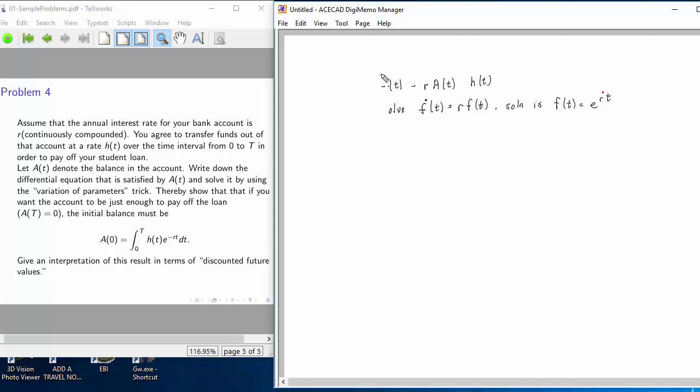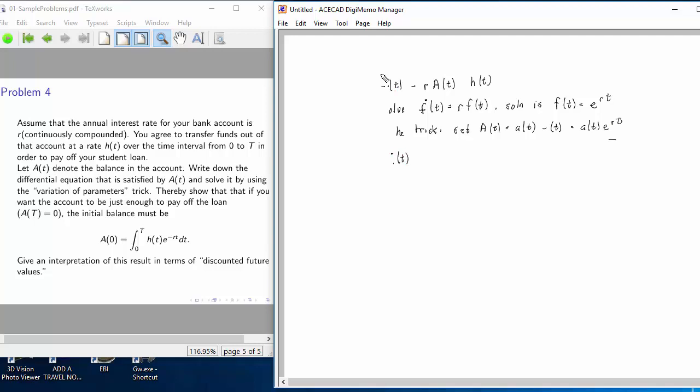Now is the tricky part. The trick is you set capital A of t equal to some new function, little a of t, times f of t. That is a of t e to the rt. Well, let's plug this into our equation.